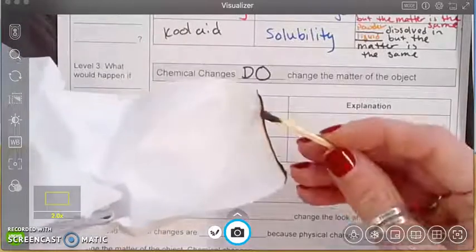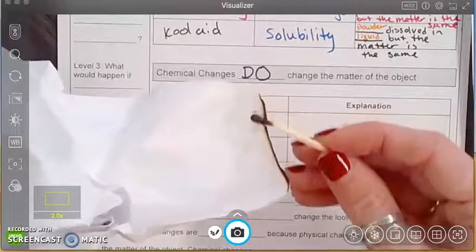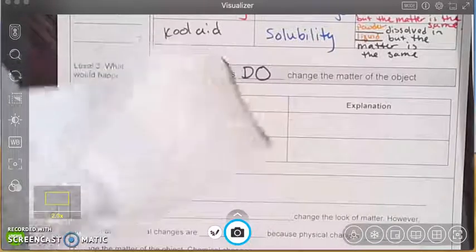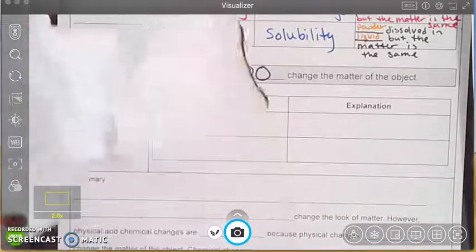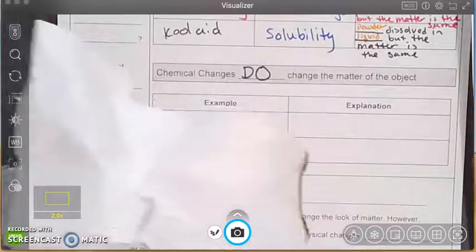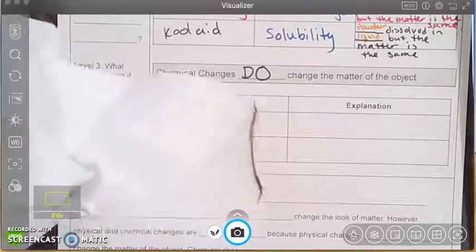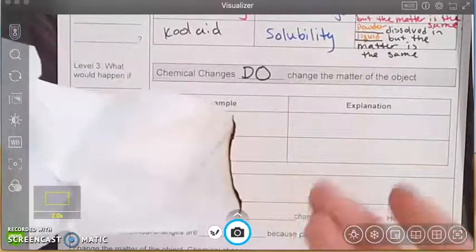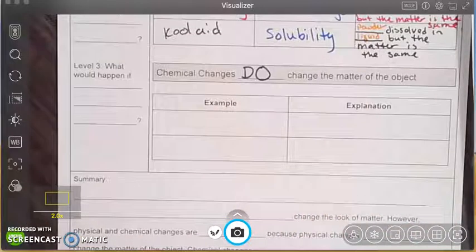But right now, I have this line of black ash. Ash is a new substance. I take my fire, I take my paper. I don't have ash to begin with. So ash is something that is new for me. It is new matter. Yes, my paper is still there, but I have created something new.